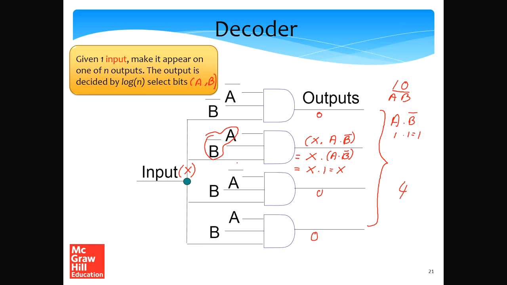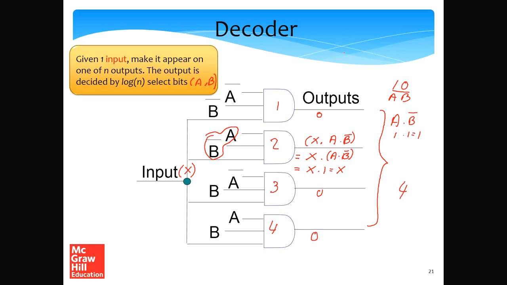So what we can see is that if this combination, A and B complement, is true, then the output of the second AND gate, which is chosen by the select bits, is equal to the input, which is x.